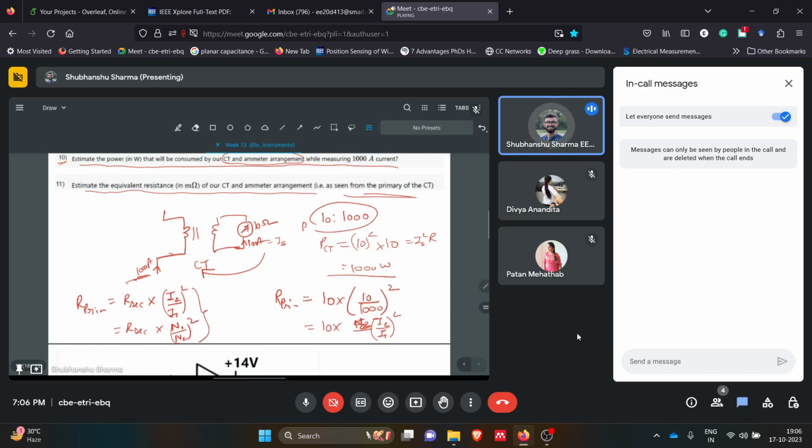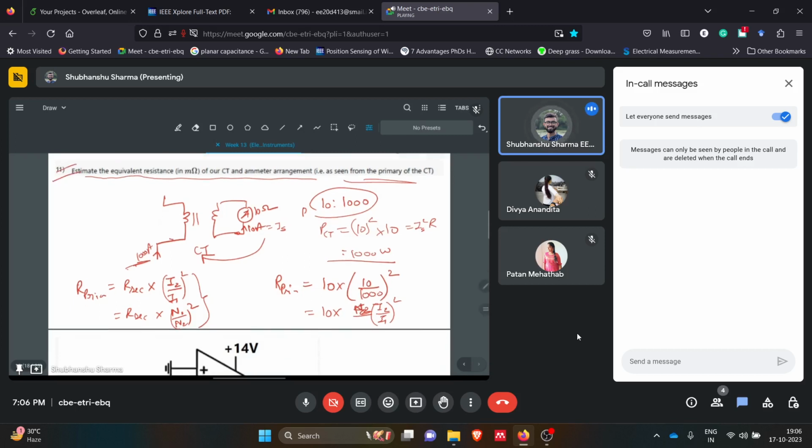If it is the other way around, if you have to calculate the secondary equivalent, then this will reverse. Okay, that is the thing. So this is also fine.